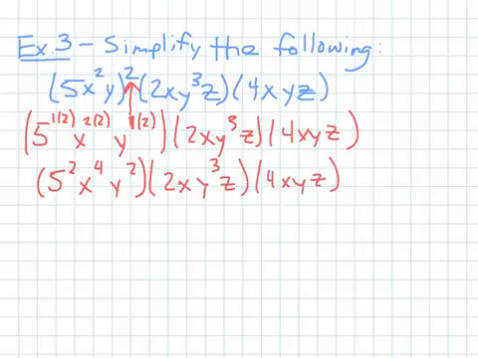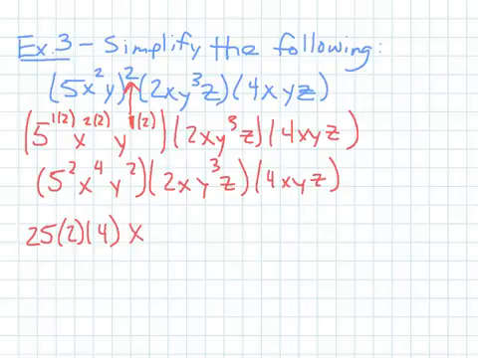Okay? Now how I do this is I group all my numbers together. So I got 5 squared, which is 25. I'm just going to write that out. I have 2, and I have 4. All of which are different bases, so I can't use that product property that I used yesterday where I add the exponents, because they're not the same. So then now I have x.